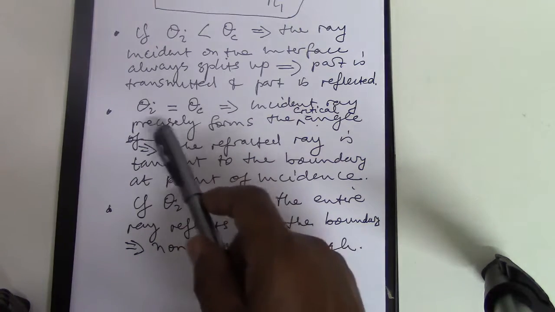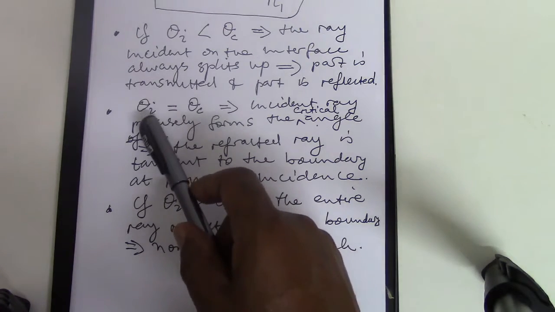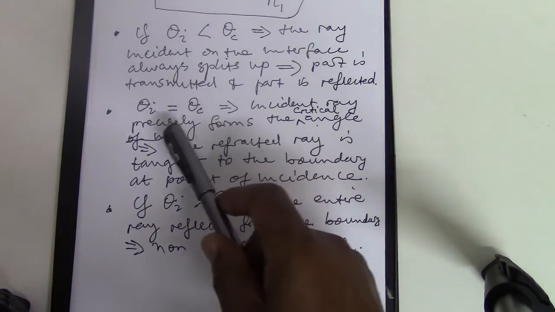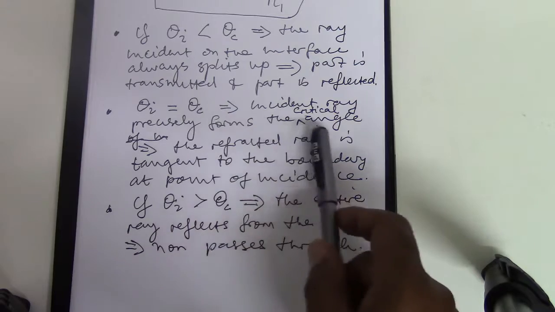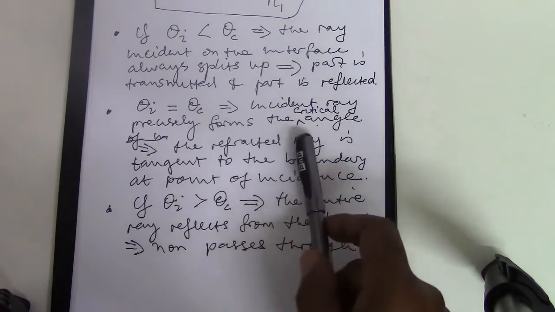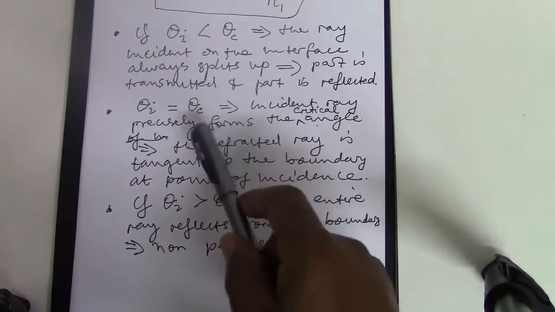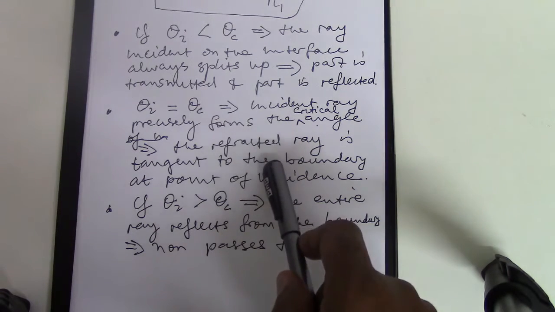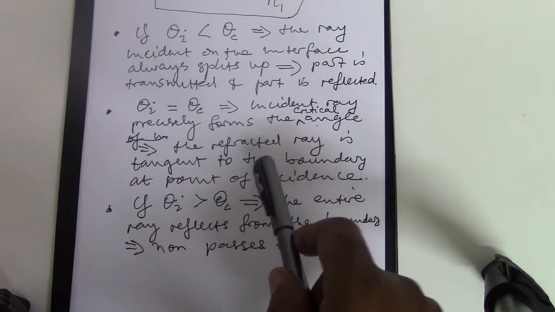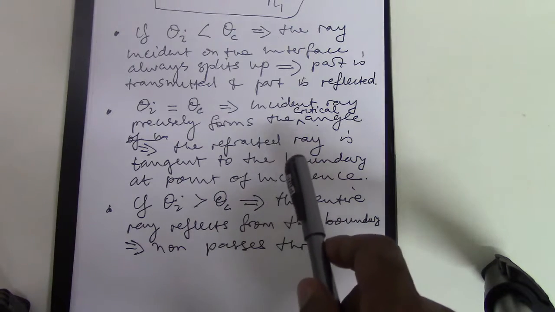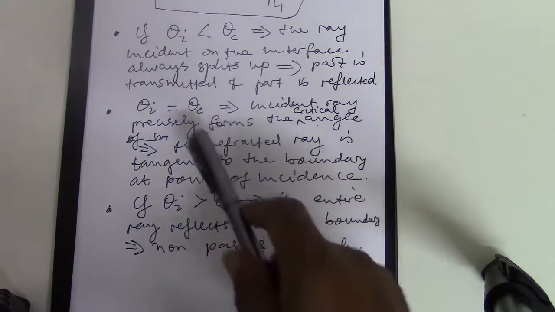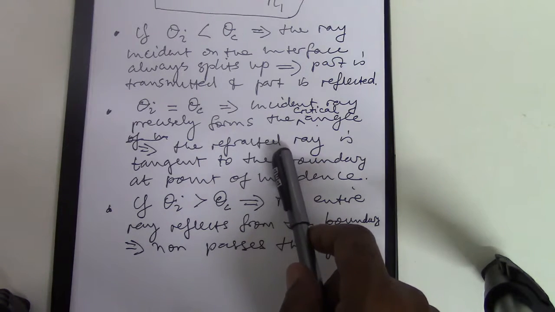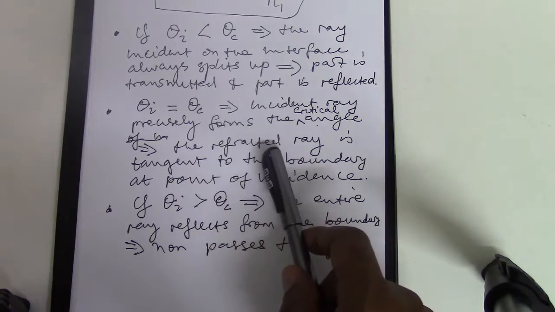Now, at the critical angle, that is when the angle of incidence coincides with the critical angle, the refracted ray lies along the interface. But still we have another part which is reflected within the medium of incidence, in other words, the first medium. So the ray is still divided into two at the critical angle.